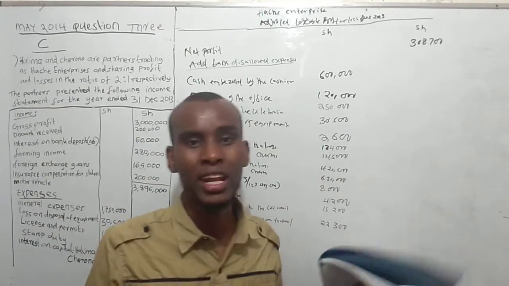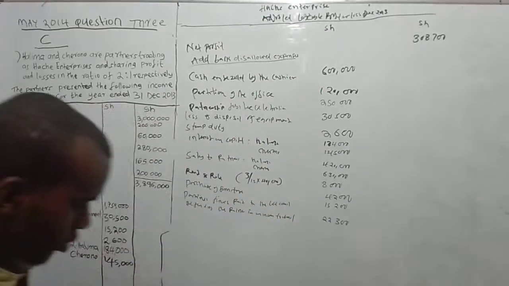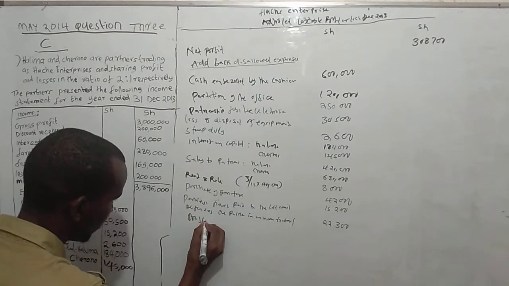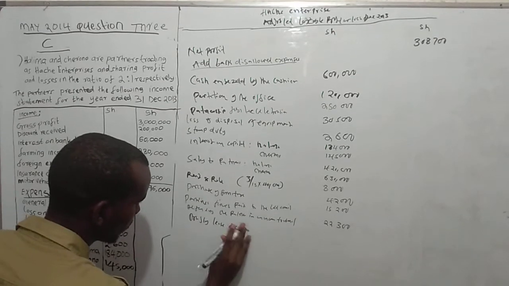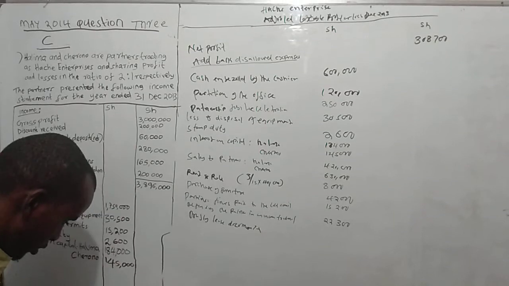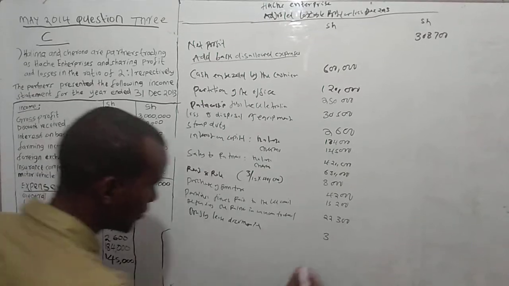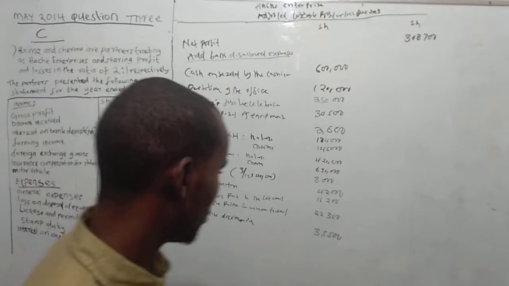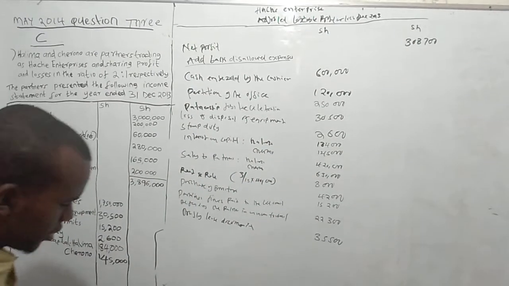But since it is more than 99, we are going to disallow. Drafting lease documents, the amount is 35,500. So we have exhausted all the expenses from number 1 up to 4.